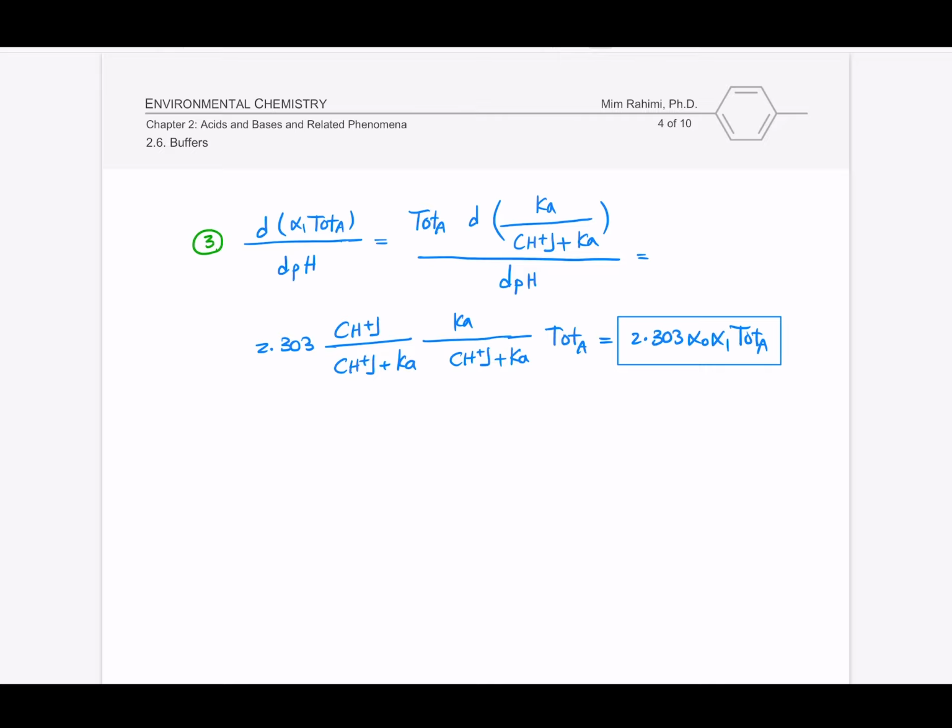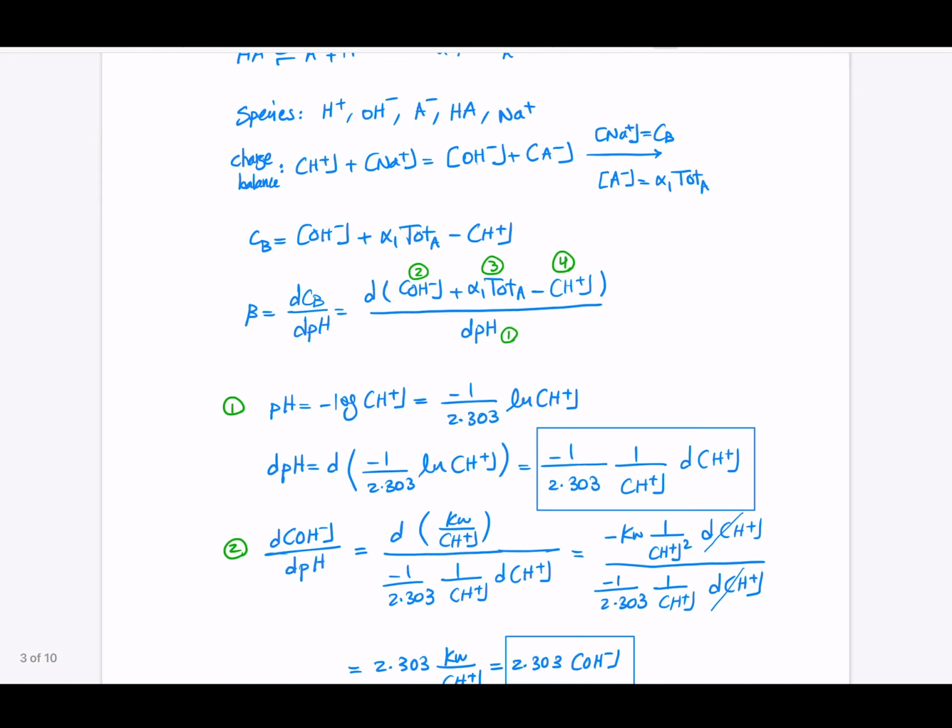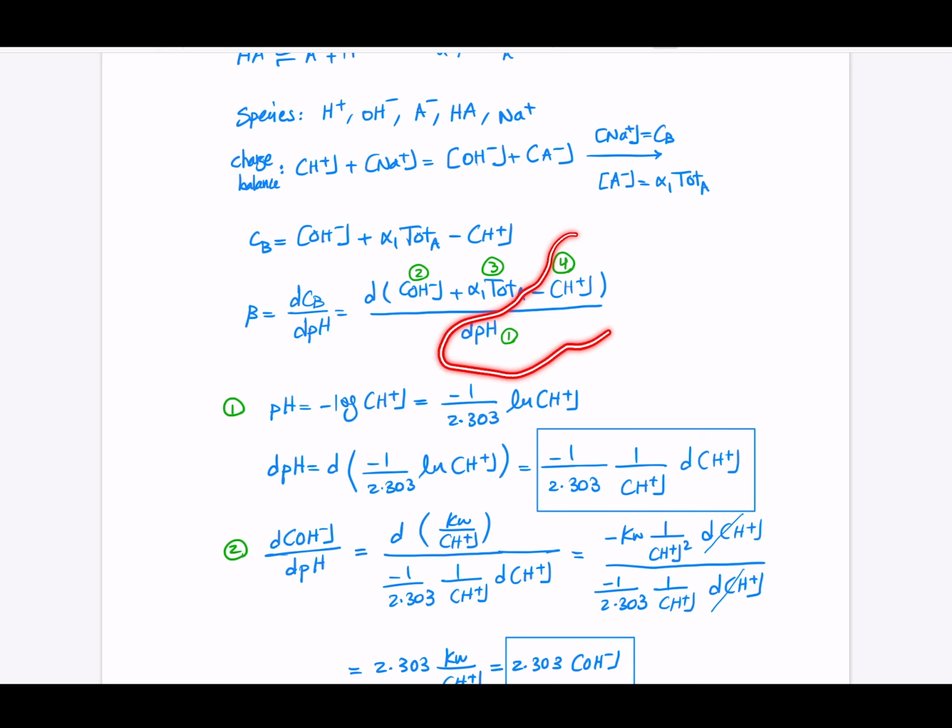So the fourth one would be probably the easiest. The fourth one would be this fraction. Expand for that one.